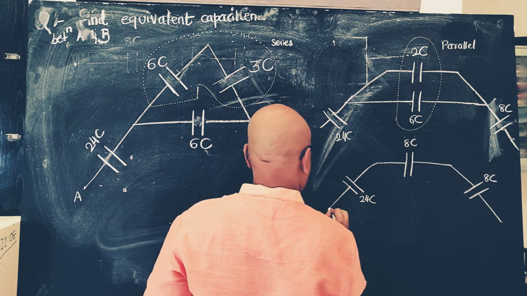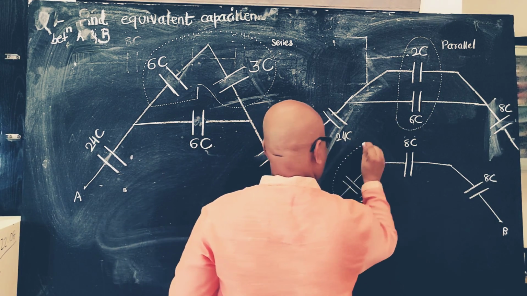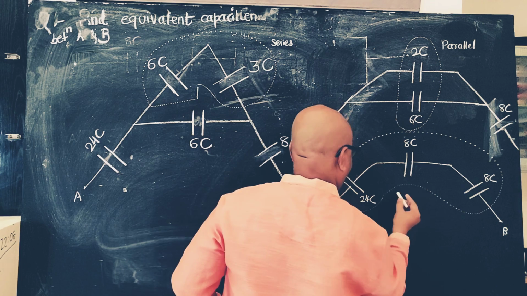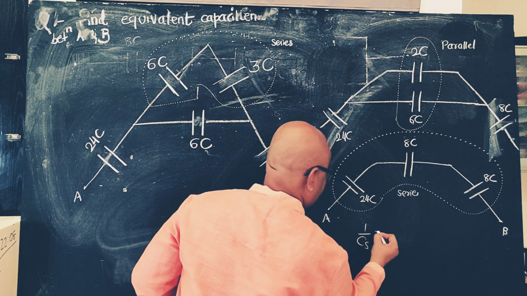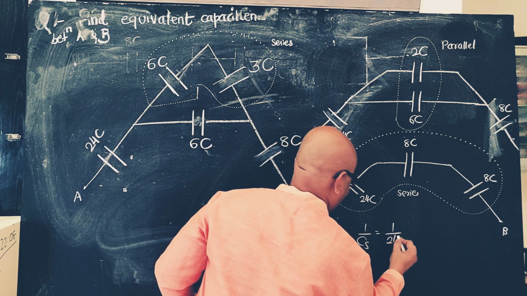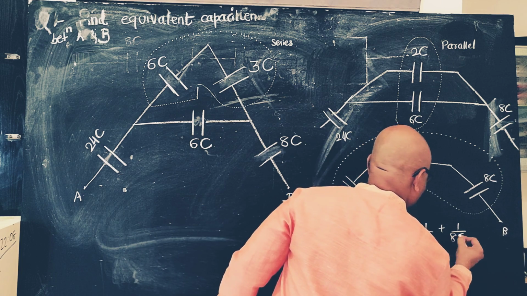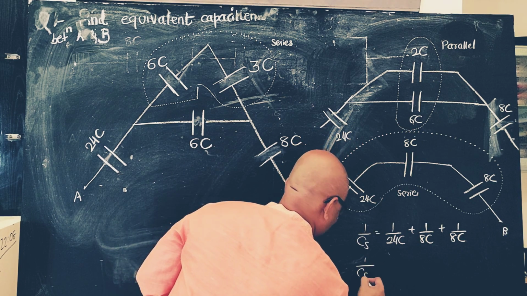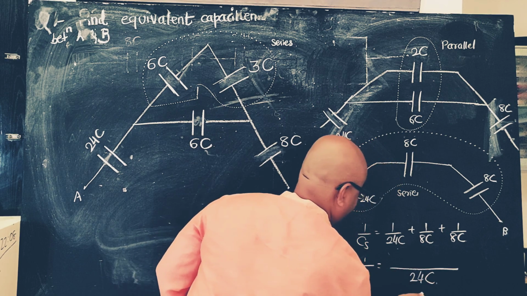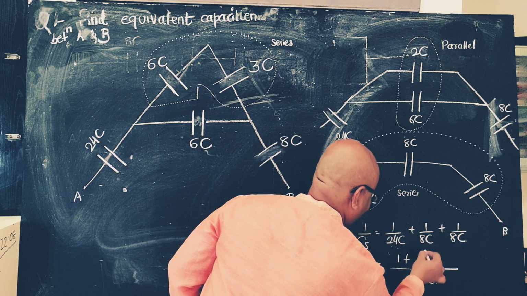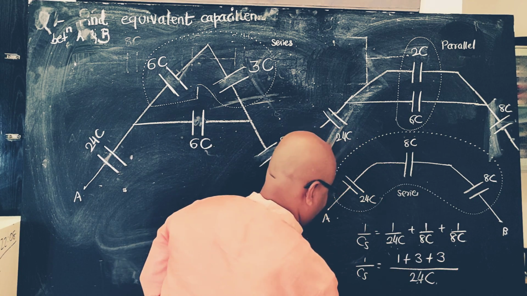24C, A and B. Now all these three capacitors are connected in what? Series. And 1 upon CS is equal to 1 upon C1 plus 1 upon C2 plus 1 upon C3. 1 upon CS is equal to 1 upon 24C plus 1 upon 8C plus 1 upon 8C. What is the LCM? 24C. This will be 1, this will be 3, this will be 3.